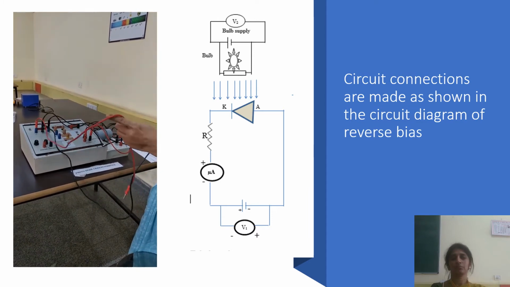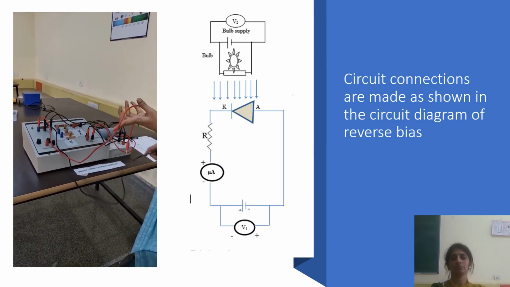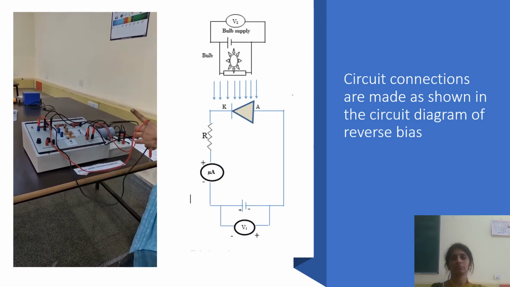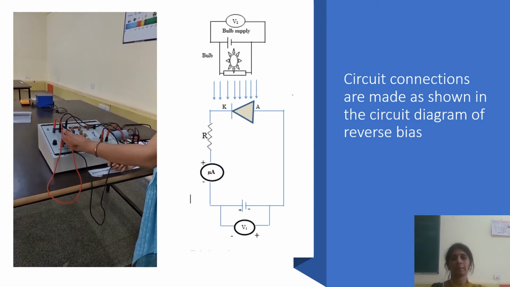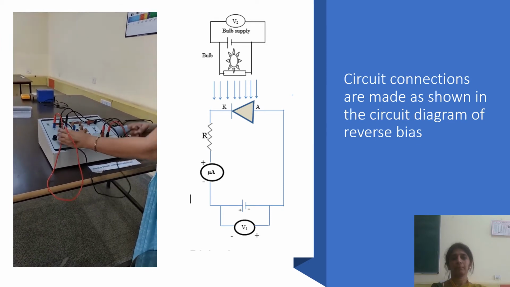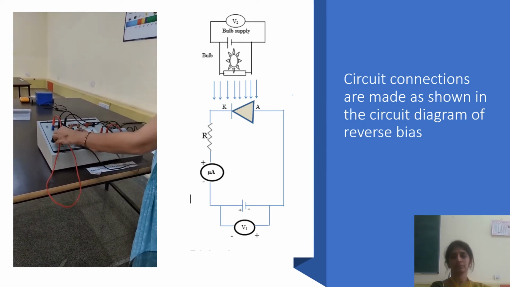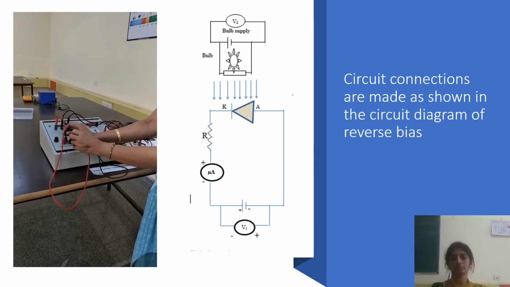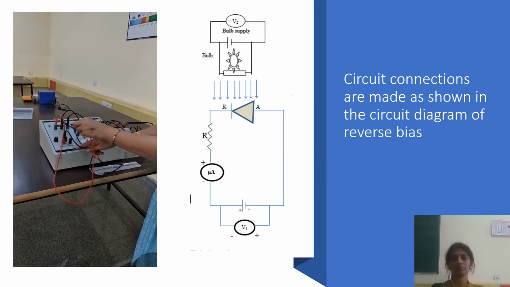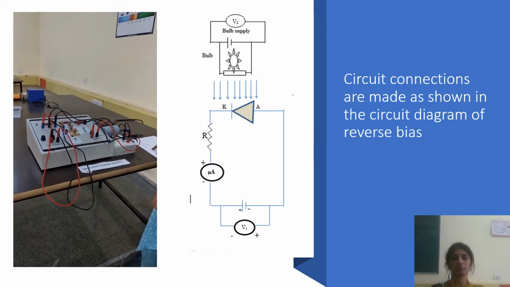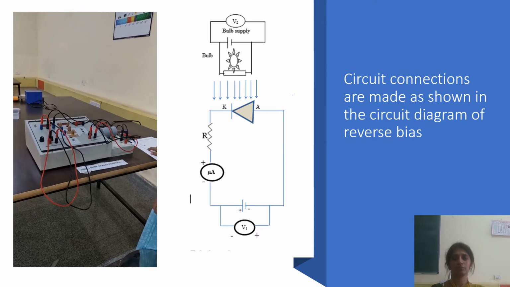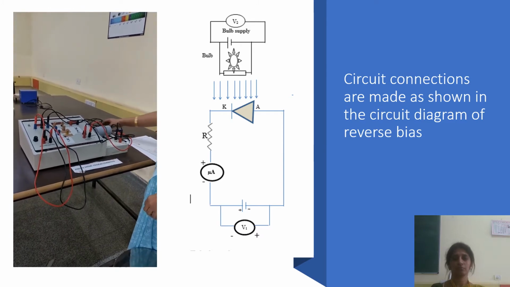You can see the positive of the battery must be connected to the negative of the voltmeter, and the negative must be connected to the positive of the battery. Next, from the positive of the battery it should go to the ammeter.